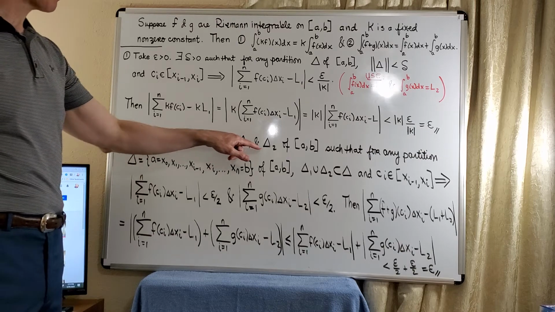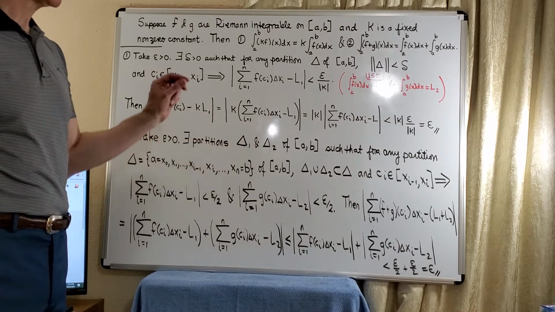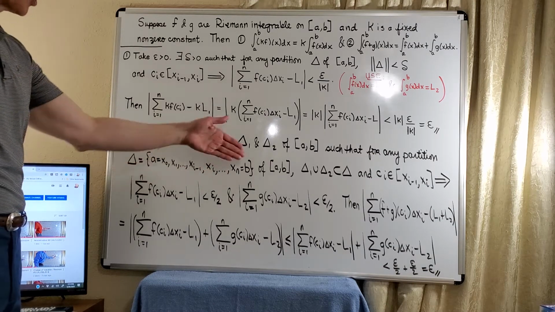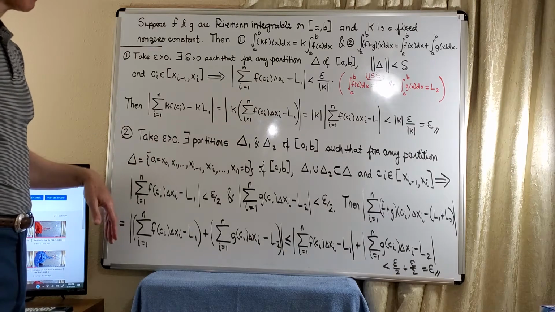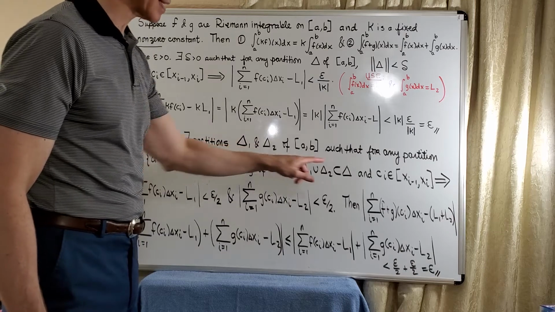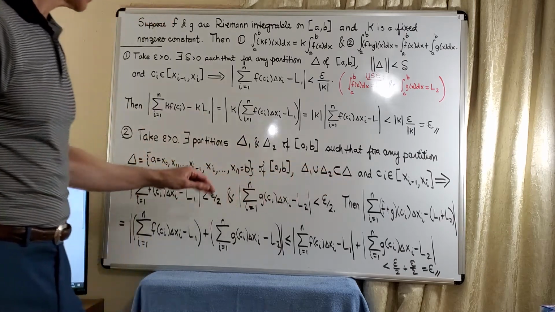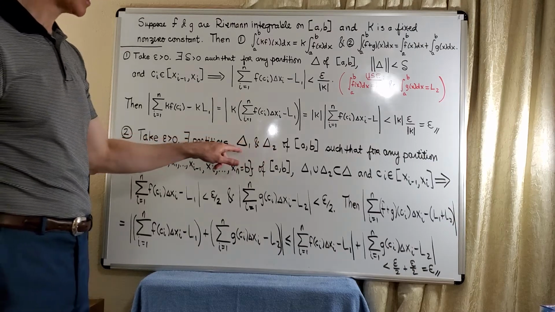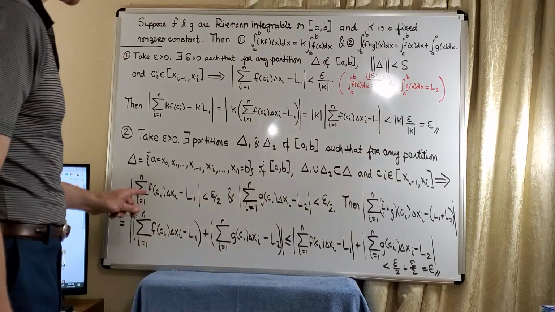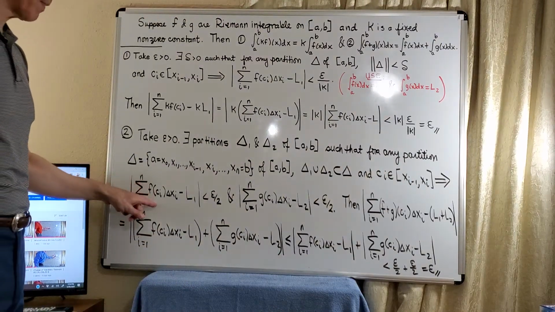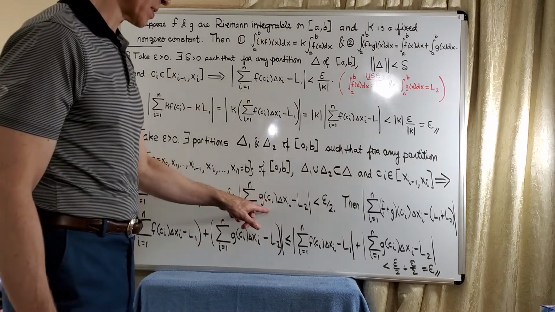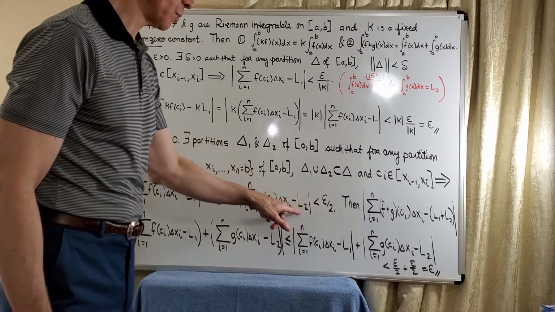That is, there'll be two partitions, delta 1 and delta 2 of AB, such that for any partition delta here, just any chopping up of the interval AB, if the union of these two partitions is contained in delta, that is, this is fine enough to contain both of these partitions of AB, and we're taking the c sub i in the ith subinterval, then we can make the Riemann sum of f within epsilon over 2 of L1, and we can make the Riemann sum of g within epsilon over 2 of L2.